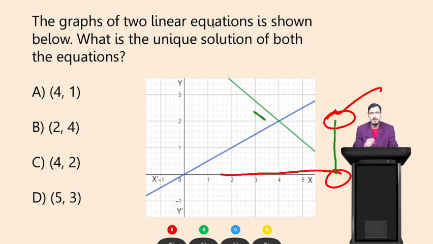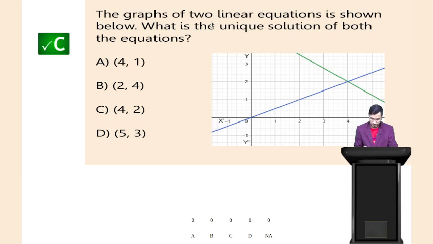So the coordinates of the common point are 4 comma 2. That means our answer is 4 comma 2, that is option C.